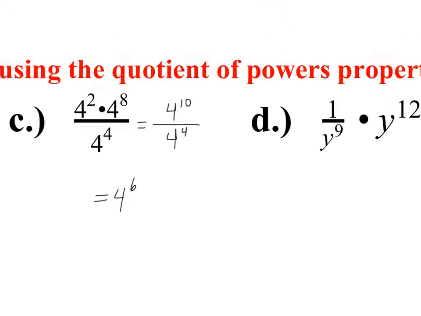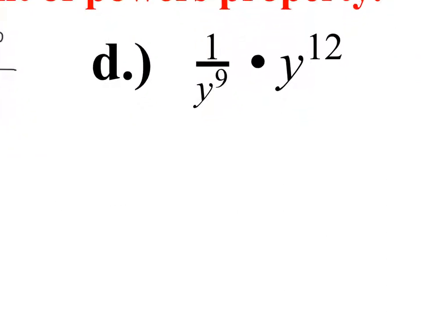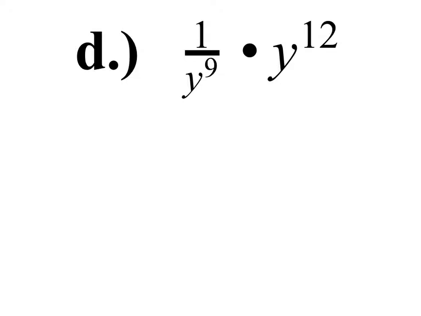Okay, last one of this kind. First thing that you need to do is actually multiply these fractions together. But the second one's not a fraction right now. Guys, how can I make it into a fraction? Put a 1. And when we multiply fractions, you multiply straight across.